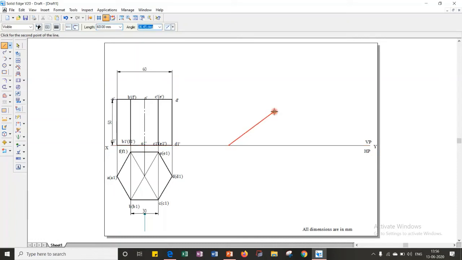So length is 60, inclined at 60 degrees. Then locate point D dash. This will be point D dash. This will be point A dash and back to point A1 dash. So this object I have copied from first step to second step.